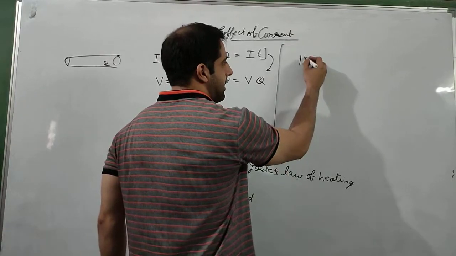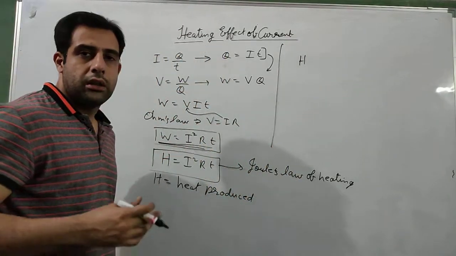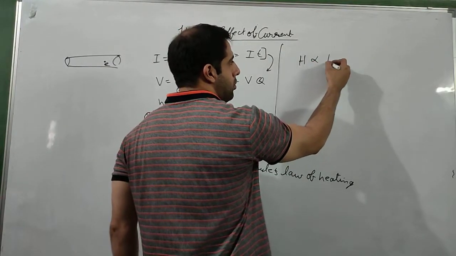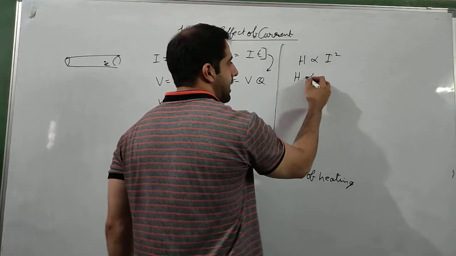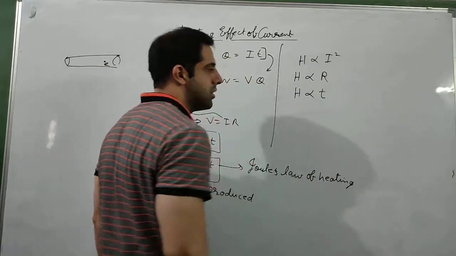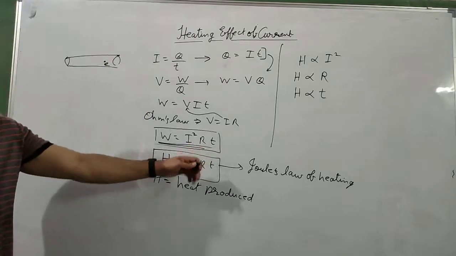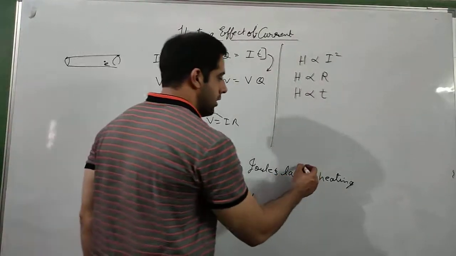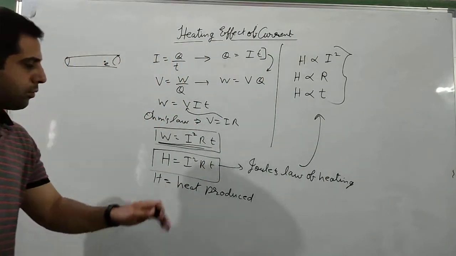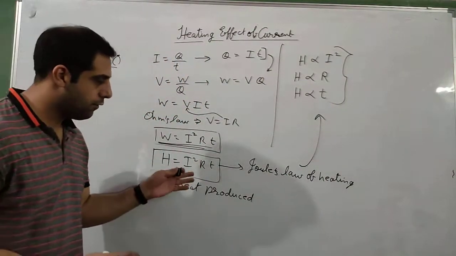It states that heat produced during the flowing of current is proportional to the square of current. It is directly proportional to the resistance of the conductor, and also directly proportional to the time for which the current is flowing. This gives us the formula I square RT. This is the main formula.